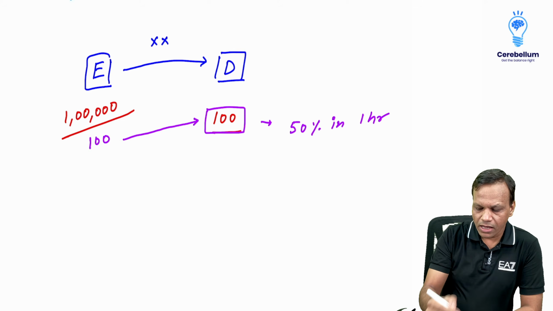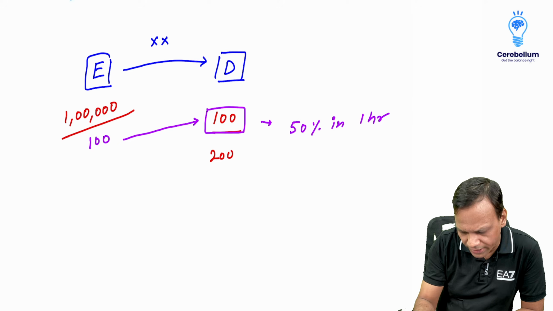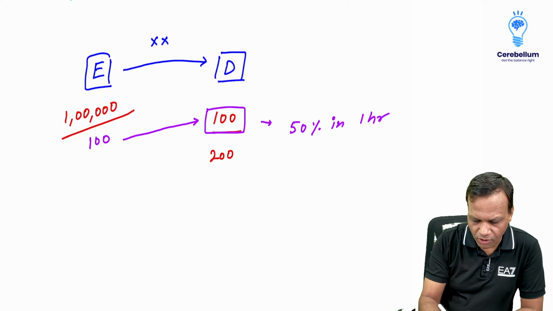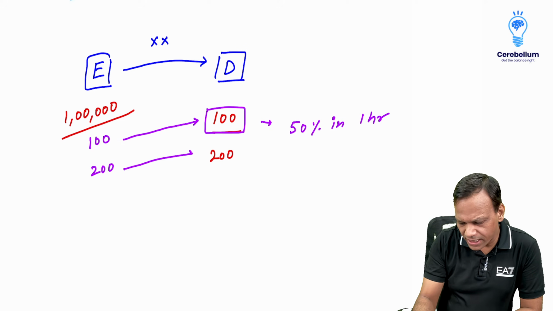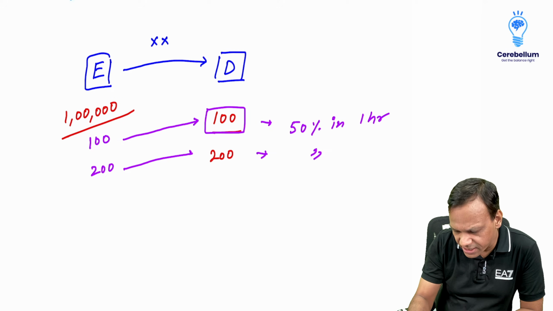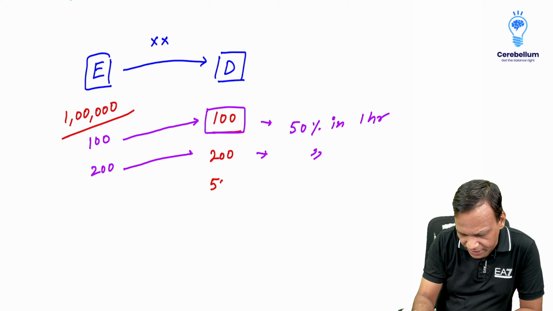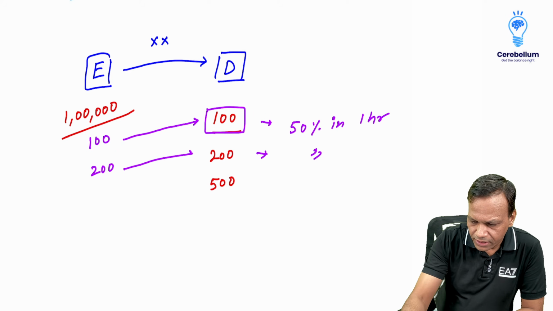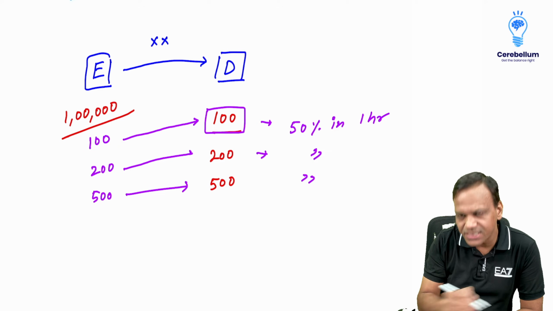Okay. Now, if instead of 100, we increase the dose to 200, the number of enzymes working will also increase. So now 200 enzymes will attack, and again they can break the same fraction in the same time. If we increase the dose further to 500, then 500 enzymes will start working. Again, they can break the same percentage in the same time.